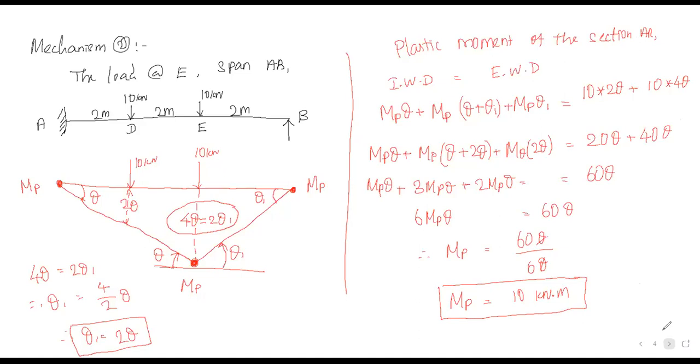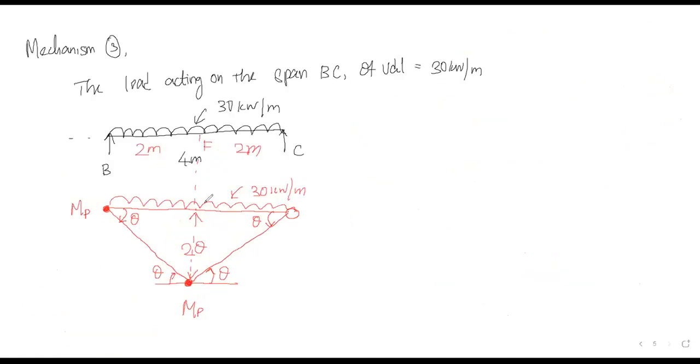Next, we can move on to the span BC, and because of the load, here the theta will be uniform since the slope is uniform on both sides. Now as per virtual work method, the internal work done is equal to external work done. So internal work done is because of plastic hinges, so at B and at F they are available, at C it is 0, because of this support condition.